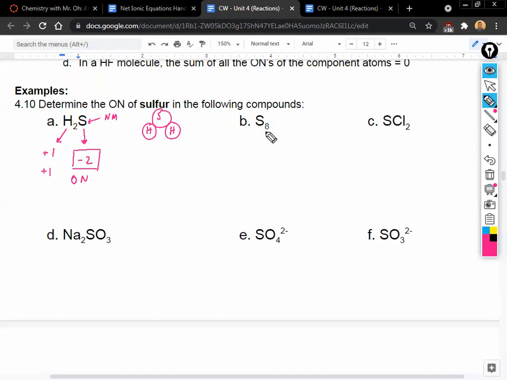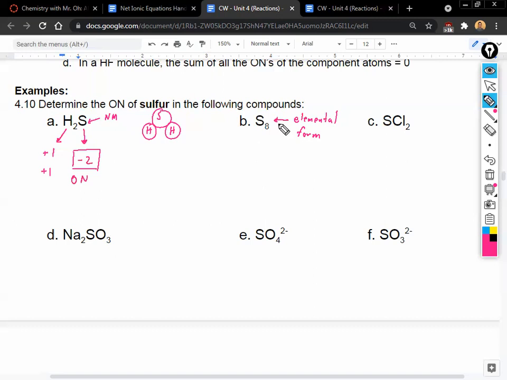Okay, so if we look at S8, this is a molecule that's made out of only sulfur. So if something is made out of only sulfur, this is going to be its elemental form. If a molecule is made out of only one type of element, that's its elemental form.